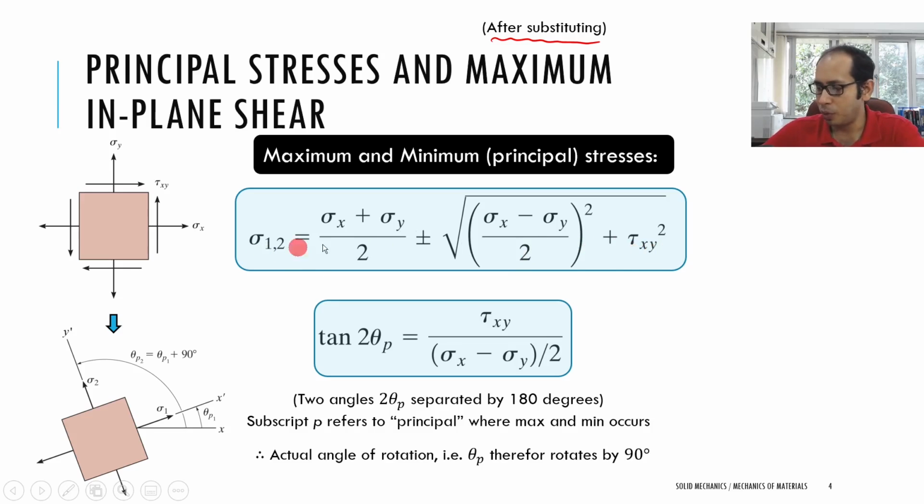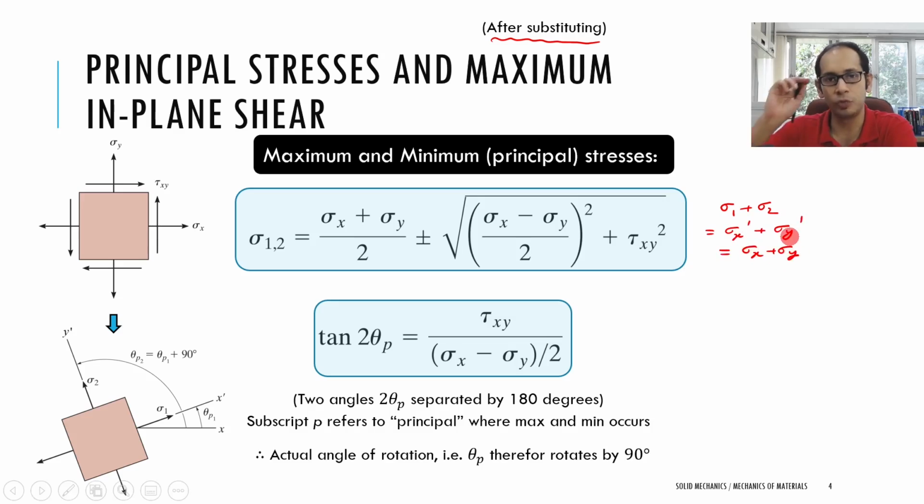For sigma 1 you use the positive sign, because that is the maximum stress you want. For sigma 2, which is the minimum stress, you use the negative sign. And you see that your relationship is preserved. For any angle of rotation, sigma 1 plus sigma 2 equals sigma x prime plus sigma y prime, which again equals sigma x plus sigma y.